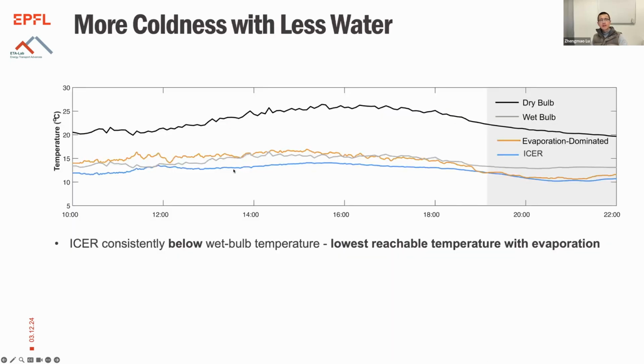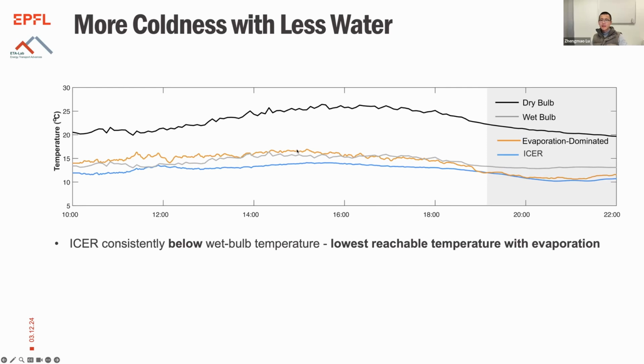And if we monitor the temperature as a function of time from 10 a.m. to 10 p.m. on a summer day, this was in Cambridge, Massachusetts, the black line here is the dry bulb temperature. So that's the environmental temperature. And the gray line is the wet bulb temperature.